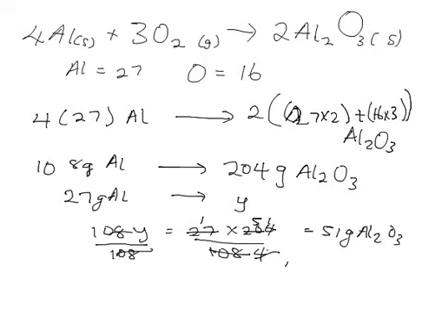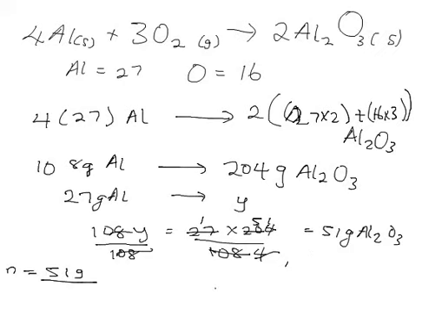But then what we were asked is the number of moles of aluminium oxide. So number of moles is equal to reactant mass over molar mass, right? So here we are going to have 51 grams of aluminium oxide over its molar mass. Its molar mass is 27 times 2 plus 16 times 3. 27 times 2 is 54 and 16 times 3 is 48.